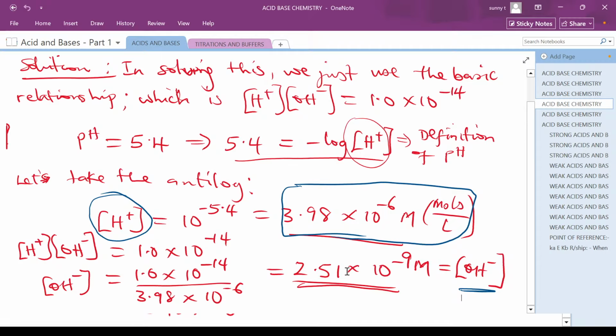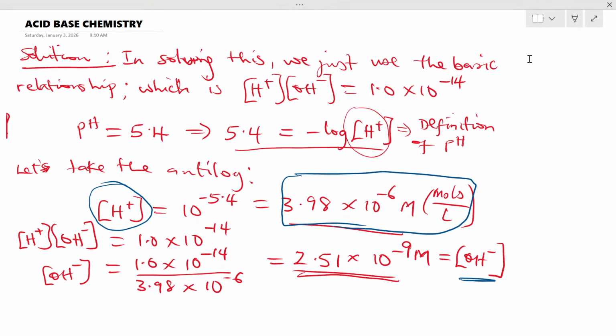So in solving this, we use the basic relationship, and pH is simply the negative logarithm of hydrogen ion concentration. The pH was given and we are looking for the concentration of the hydrogen ion.